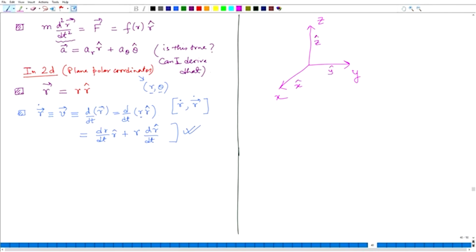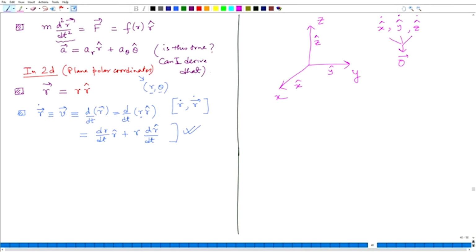But if you just change time, they will not change in time. That is why x cap dot, y cap dot and z cap dot are all 0, or null vector.